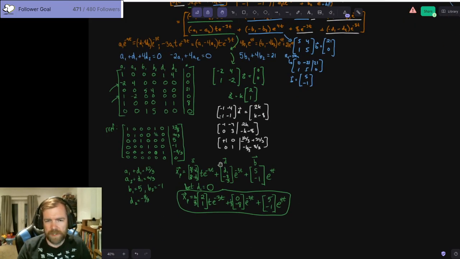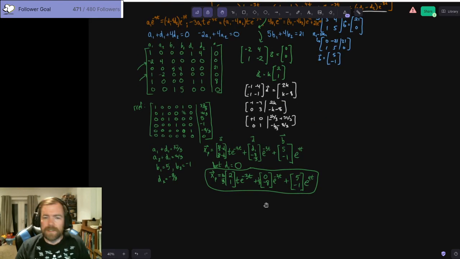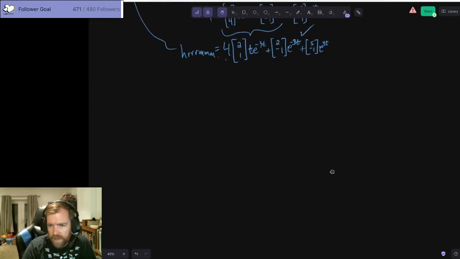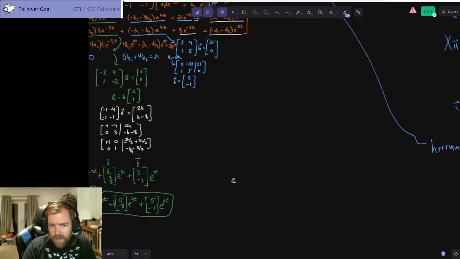But also, let d1 be 0. Is there a d value which could make this work? Well, that should be an easy check, I think. We want it to be 2, -1.